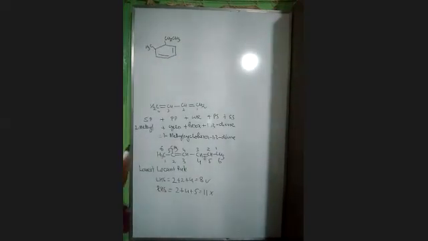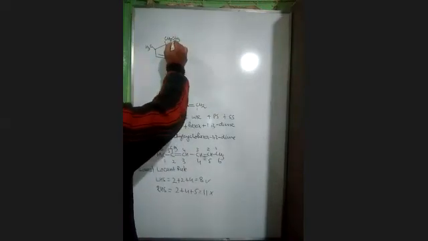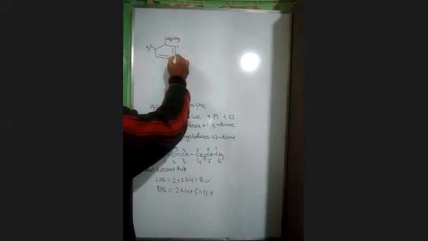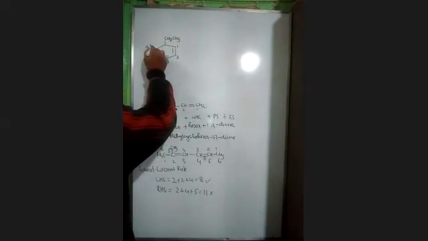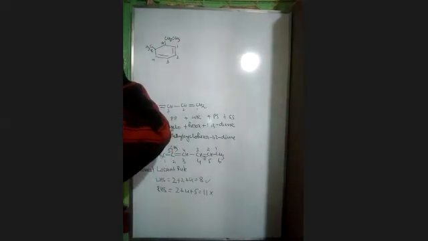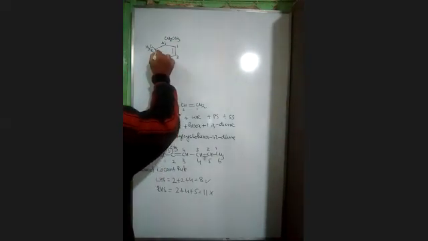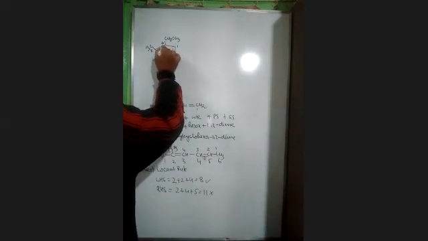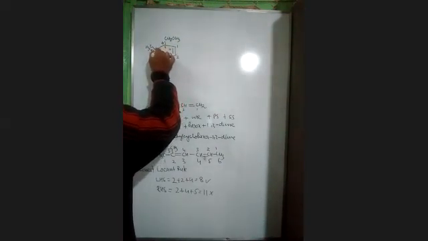See here. In this case, if I number like this, 1, 2, 3, 4, 5, 6. If I number it from here, 1, 2, 3, 4, 5, 6.